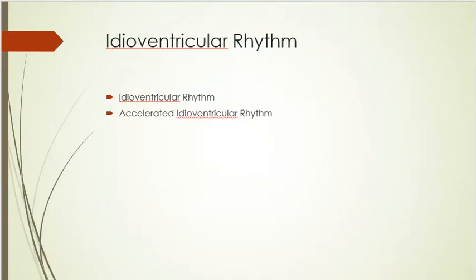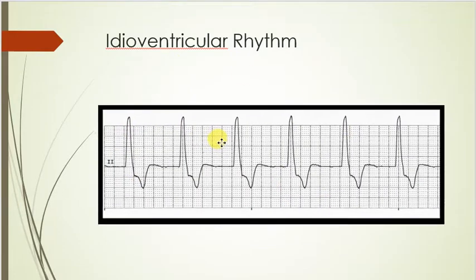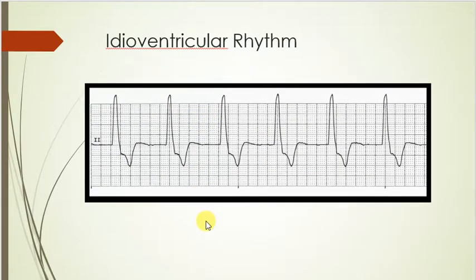So we often see these, and people will come in with these rhythms, and they're kind of hard to identify. You would call this probably junctional because it doesn't have any P waves, but you have this wide, bizarre QRS.